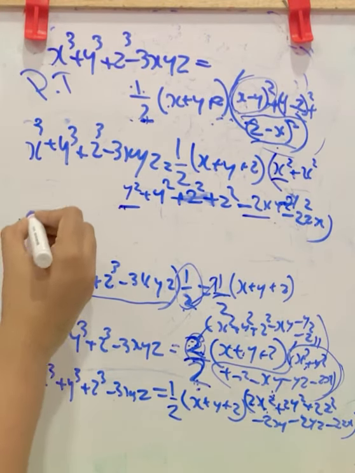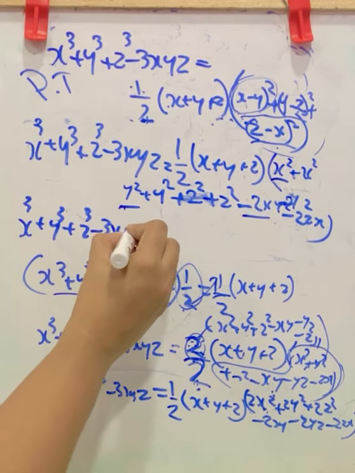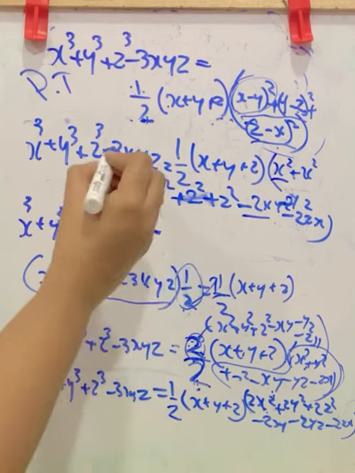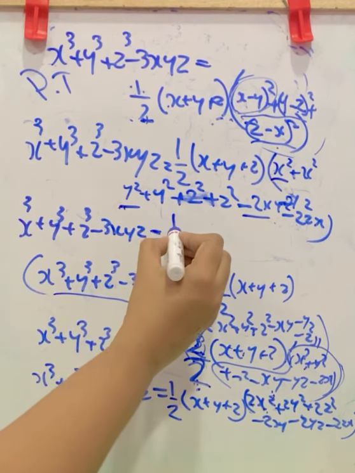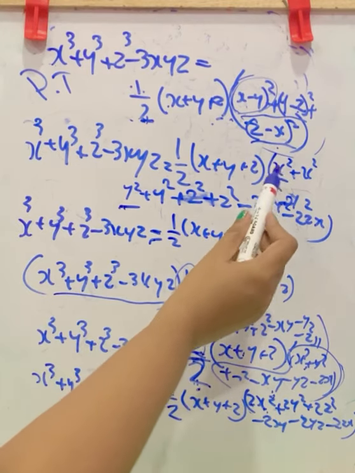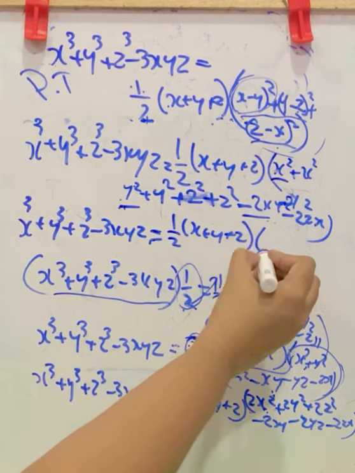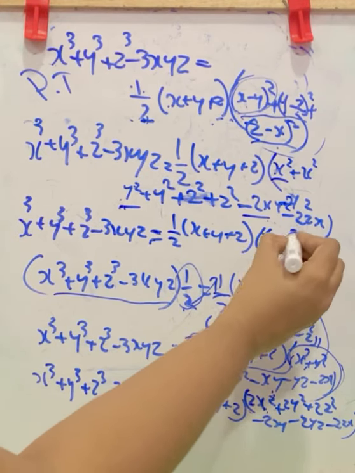So x cube plus y cube plus z cube minus 3xyz in LHS part. In RHS part, 1 by 2 into x plus y plus z is there. Now for x square, y square and minus 2xy, we write x minus y whole square.